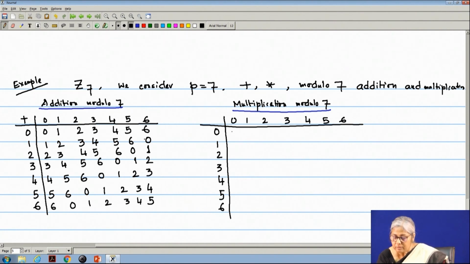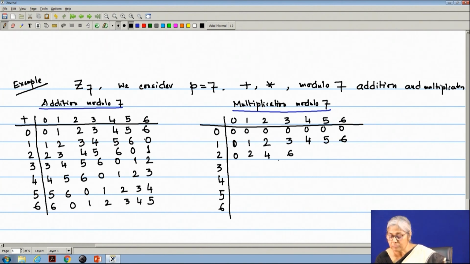Since 0 multiplied by any element will be 0, similarly it is multiplied by 1, this is because multiplicative identity is 1. Now I have to take A into B modulo 7. So, 2 into 2 is 4, 4 modulo 7 is 4, 6 modulo 7 is 6, but 8 modulo 7 will be 1. Similarly, 10 modulo 7 will be 3 and 12 modulo 7 is 5.